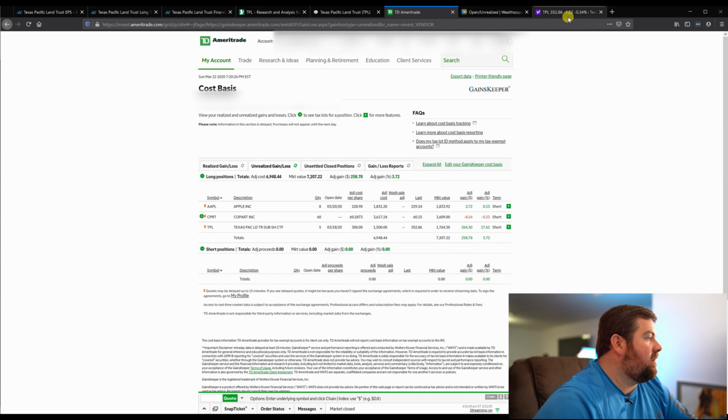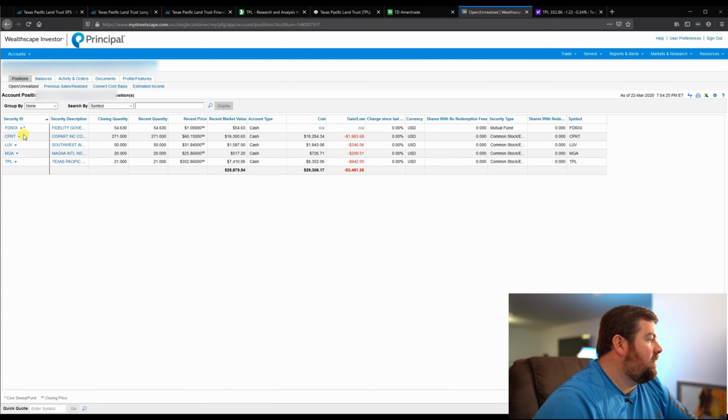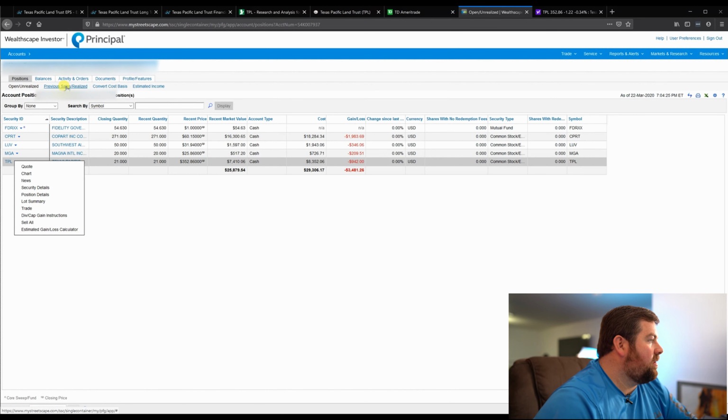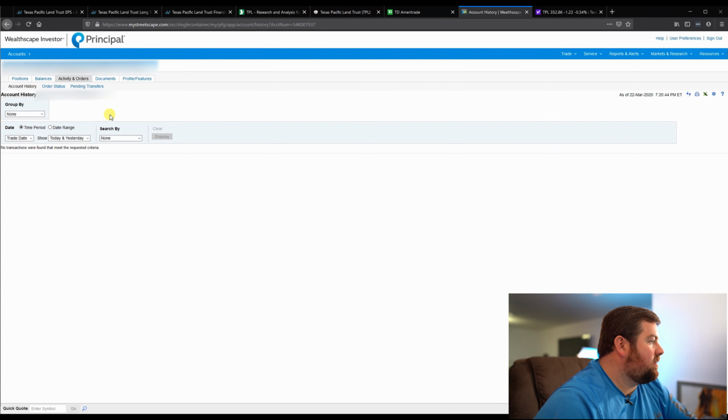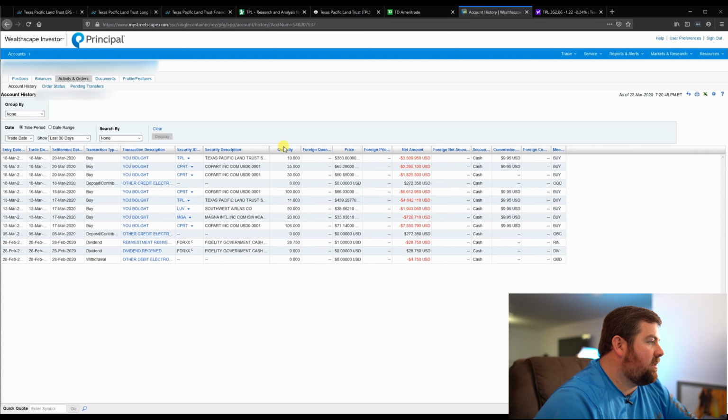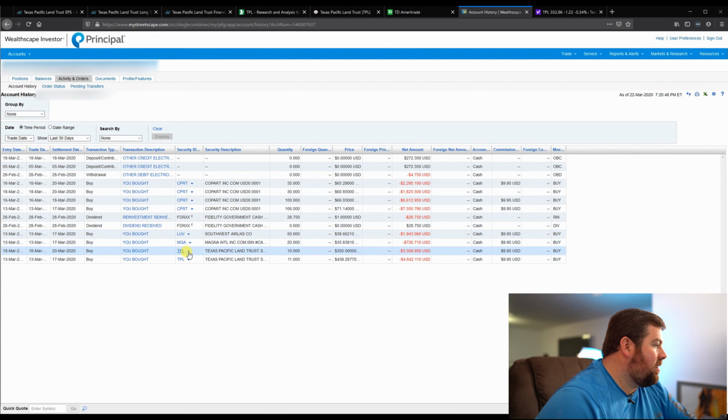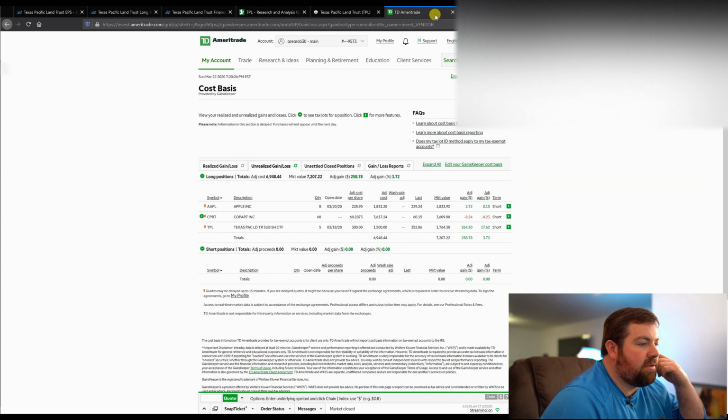And then over here in the 401k, TPL, let's go to orders, and let's do the last 30 days. And we'll sort by the ID, if I can get it to sort. So here we go. I bought, does this say how many shares? 10 and 11. So that's 21 and 5, so 26 shares, not a ton of it.